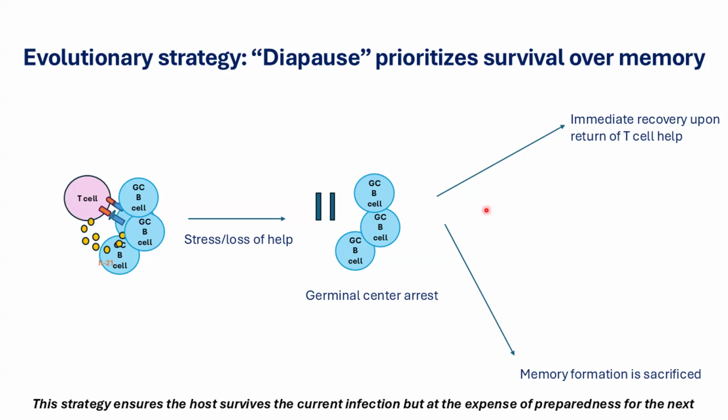And we think that this is possibly what's going on within our germinal centers, so that when there are stressful conditions, the germinal center B cells pause until they can get the factors to get them back into action. And so they can survive that current infection, but it comes at expense for preparedness for their next infection.